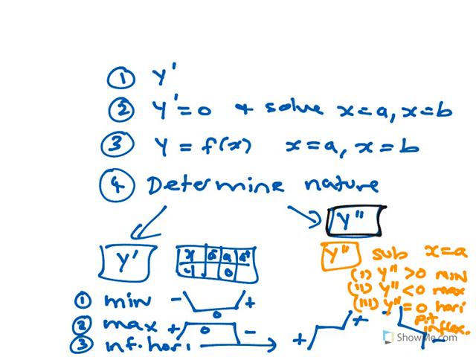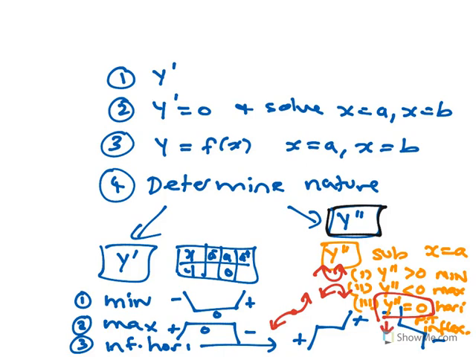Now, when y double dash is greater than 0, that means that your curve is concave up, like a happy, smiley parabola. When it's less than 0, it's concave down. And when it's equal to 0, that's where you have concave up on one side and concave down on the other side.